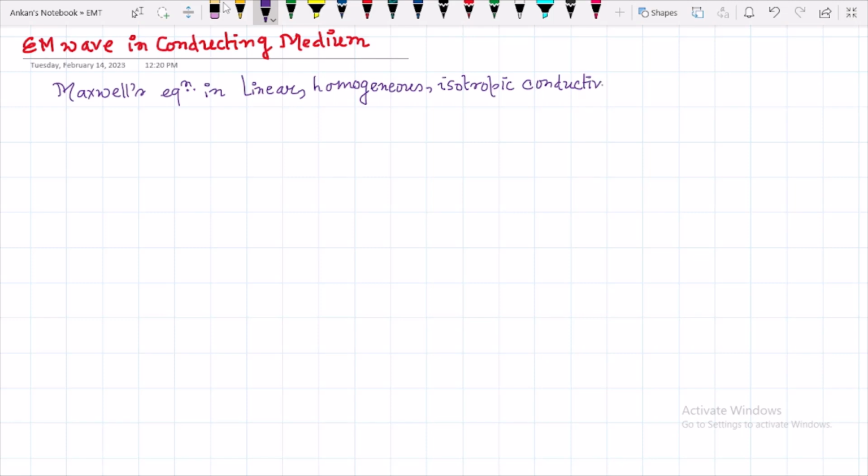What terms have I introduced here? Let me discuss. Linear: why is it linear? Because the conductivity and the permittivity are scalar quantities. So it is linear, that is, a rank 1 tensor. Why is it homogeneous?